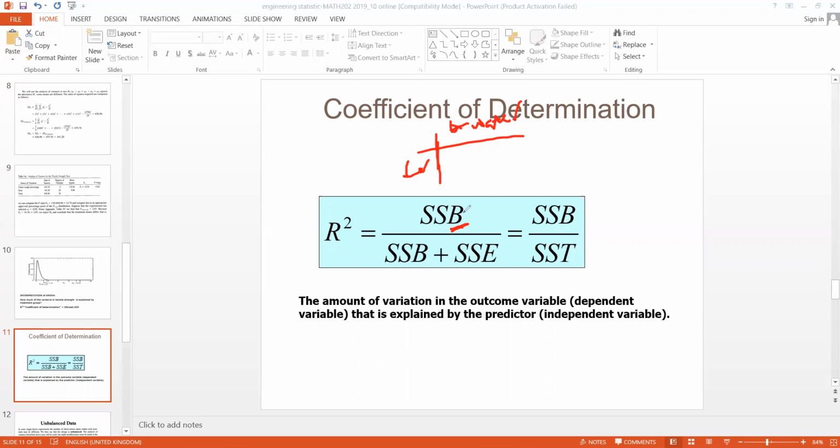In such an experiment, it is the sum of squares treatment in the blocks over the sum of squares treatment in the blocks plus the error, which still comes back to the sum of squares treatments over the sum of squares total. That gives us the R squared, the amount of variation in the dependent variable explained by the predictor.